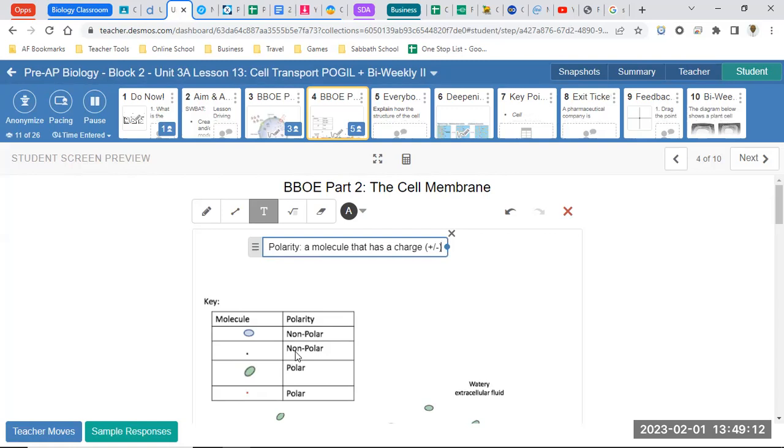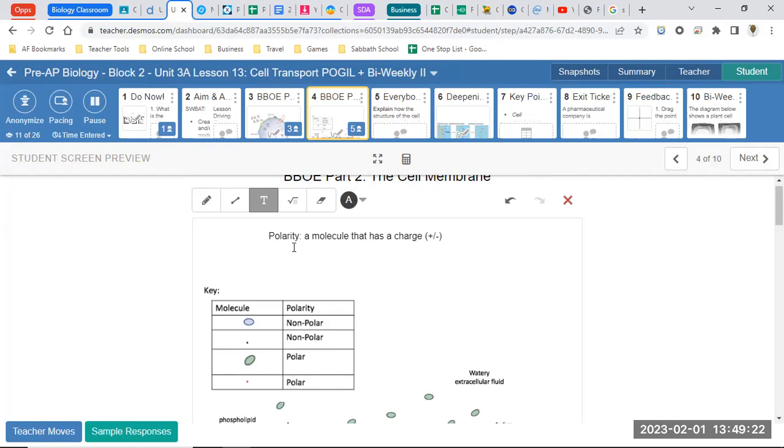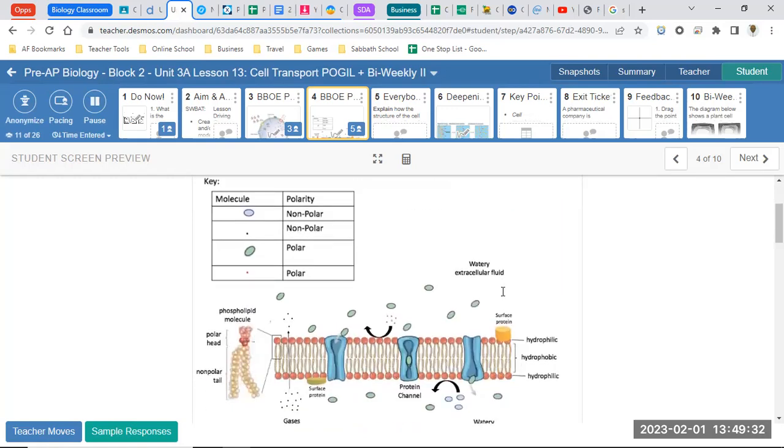So you can imagine that something that is non-polar would mean that it doesn't have a charge. I think we already know. Something that is polar has a charge, non-polar, no charge. Okay, got it.